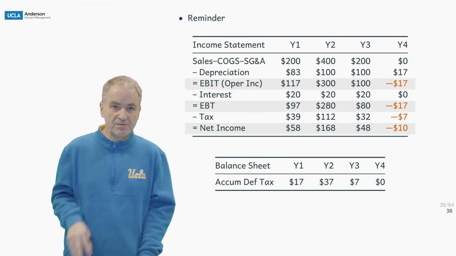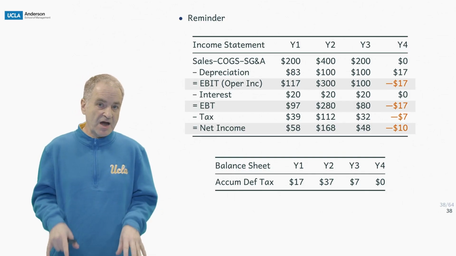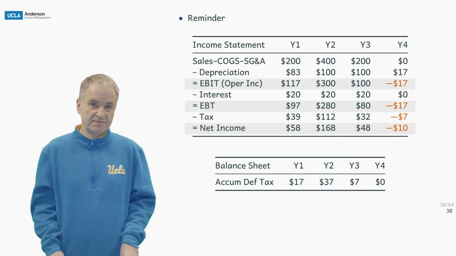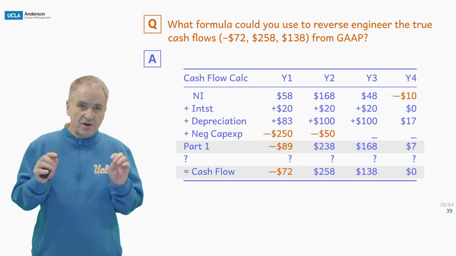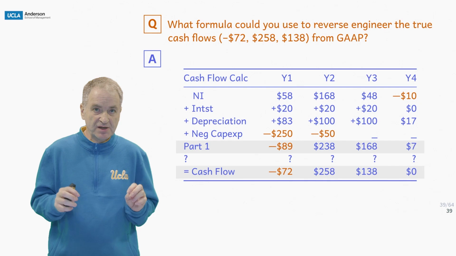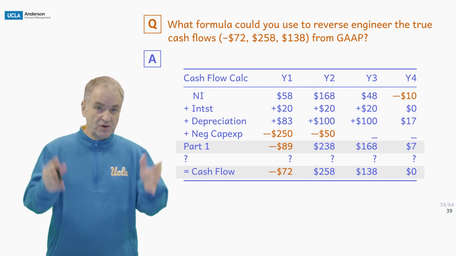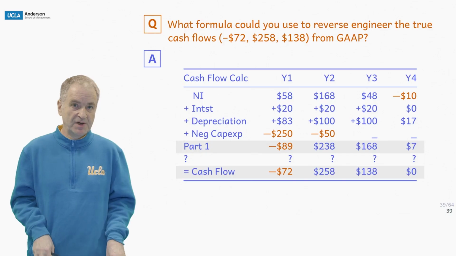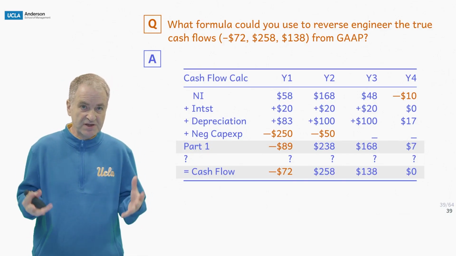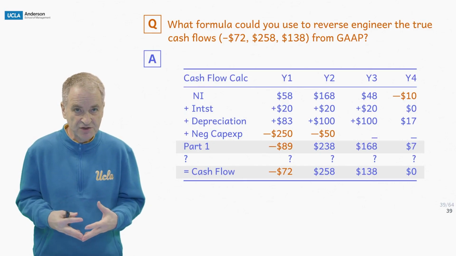And here is a reminder, this was our income statement. And now on the balance sheet, we have the accumulated deferred tax. So you want a formula now that allows you to reverse engineer the true cash flows from the public financials. And for your convenience, I've just put up the cash flow calculations here as before. Net interest plus depreciation plus negative capital expenditures.